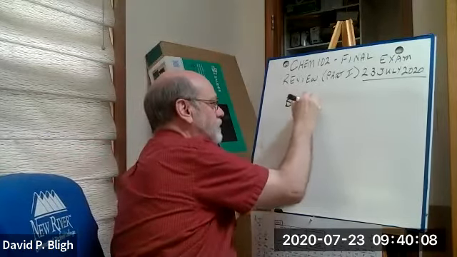Two electrons per nitrogen, and how many nitrogens do we have? 3. So that's 6 electrons lost. So that means we have to go from here to here, and since it's balanced, it should be 6 electrons gained.